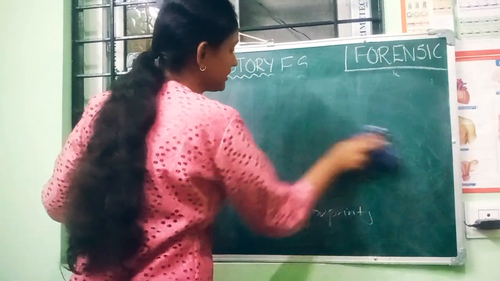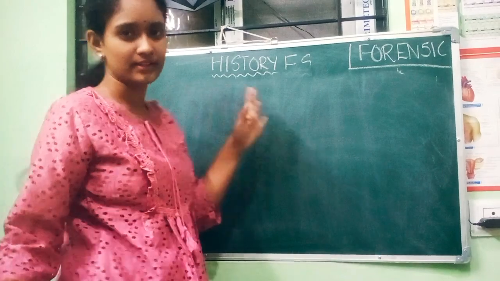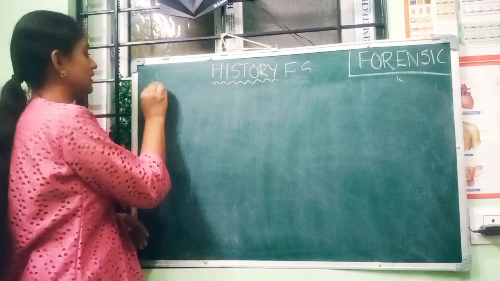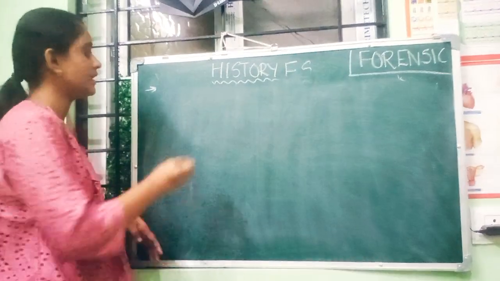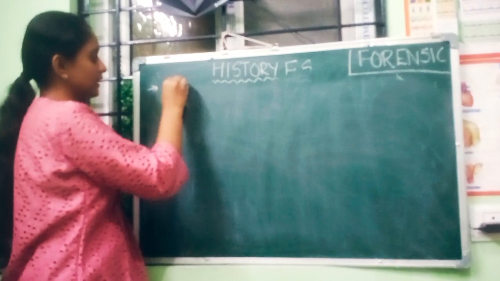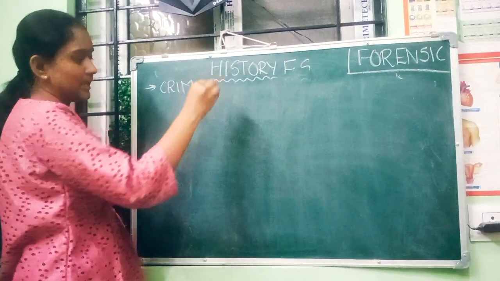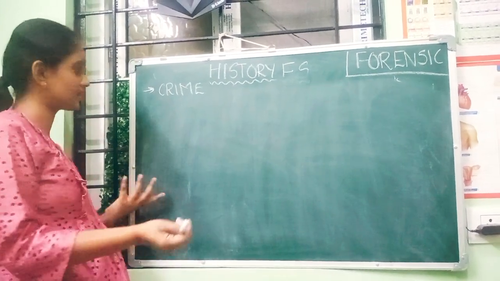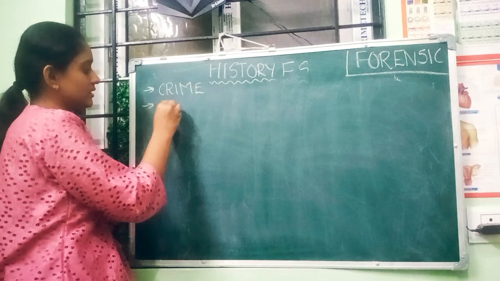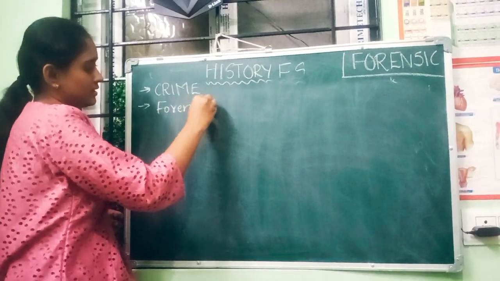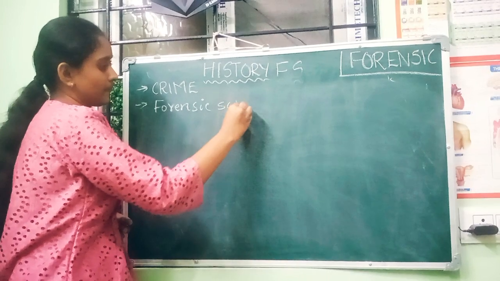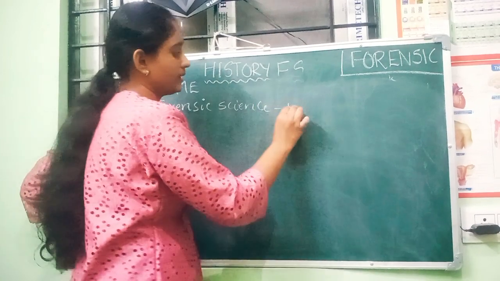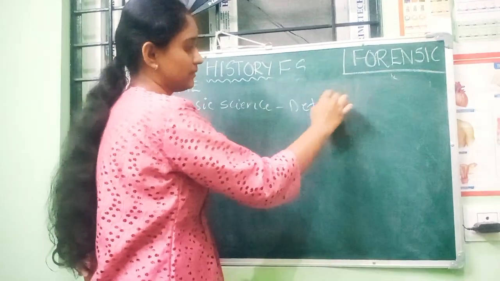These are the scientists. Now let us lastly recap what we have studied in this video. You should be crystal clear with the concepts. The first thing you learned is crime: what is crime, and from when it came into the human race. Then you learned about forensic science: where it originated and its definition.